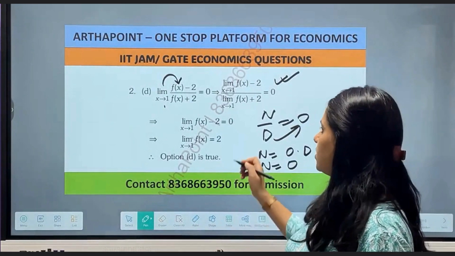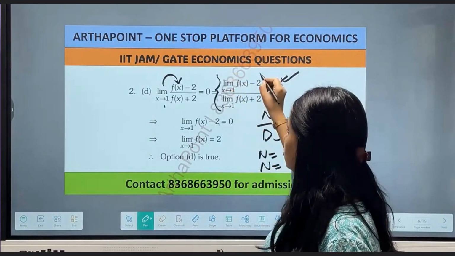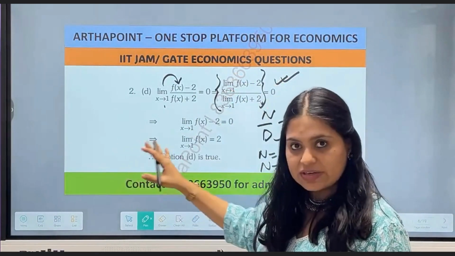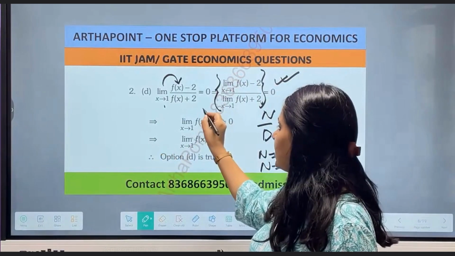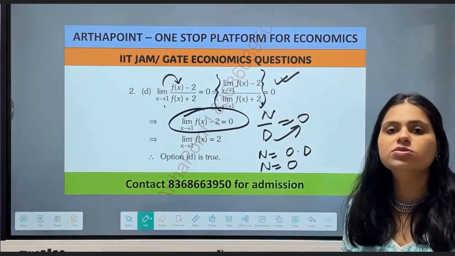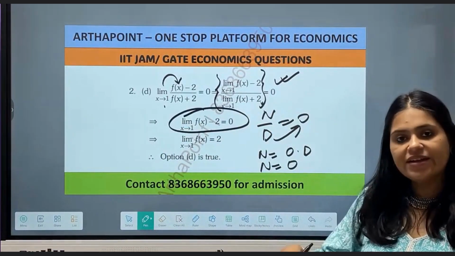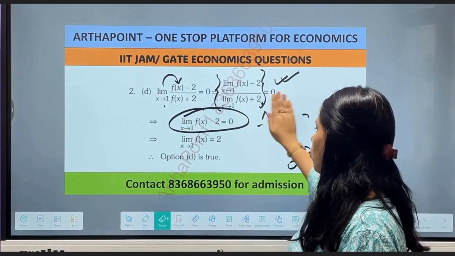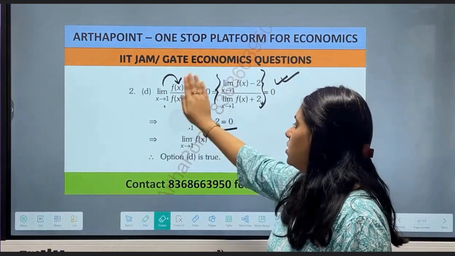That is what I have done in the next step: if this fraction is equal to 0, the numerator is equal to 0. So I get the limit as x tends to 1 of f(x) minus 2 is equal to 0. But can I take 2 to the right hand side? I can, and that is exactly what I have done in the next step.